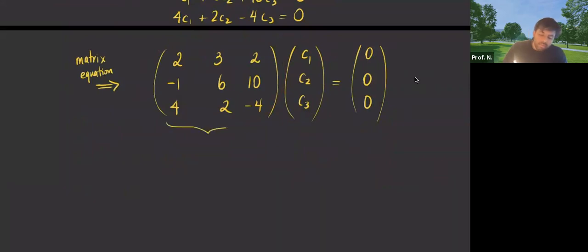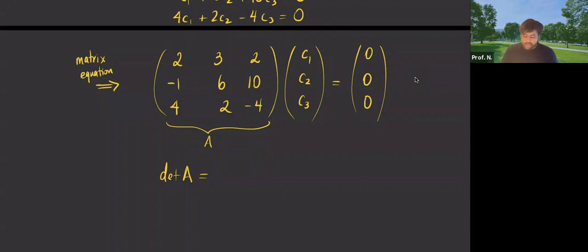The reason why we use the determinant for this is because it's just the quickest way to determine whether we have a unique solution to this homogeneous system or not. Again, we've done the longer way, which is the row reduced echelon form.